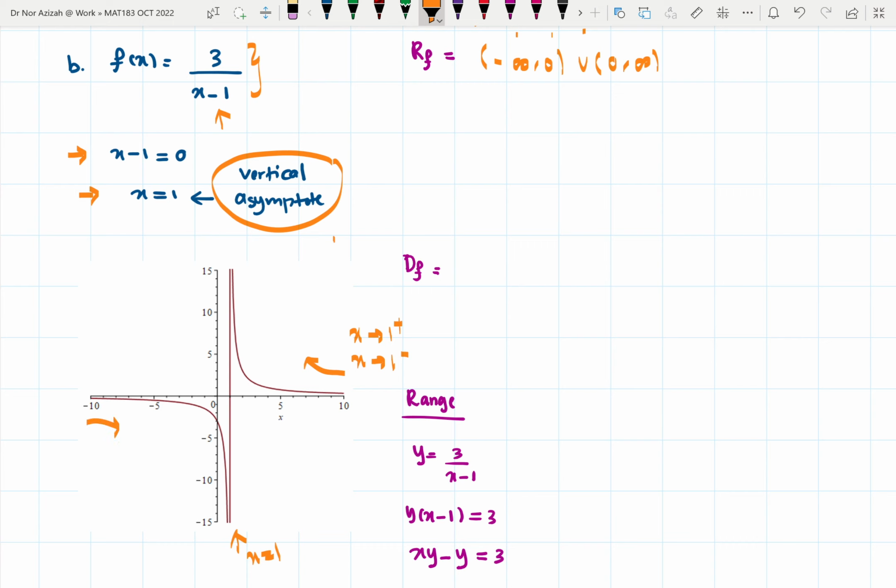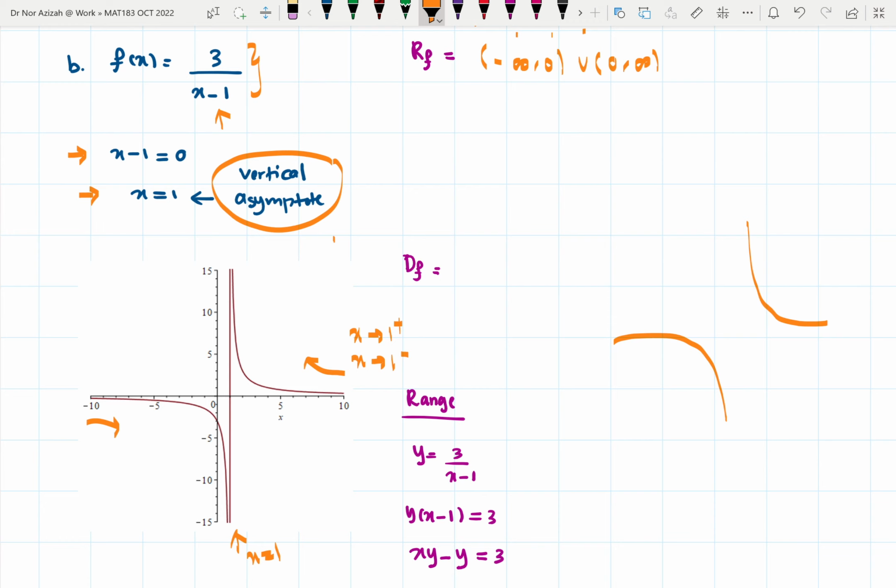You will get two pieces or two curves here, close to x equals 1 but not touching the line x equals 1. Similarly, from the left hand side, close to 1 but not touching the line x equals 1.